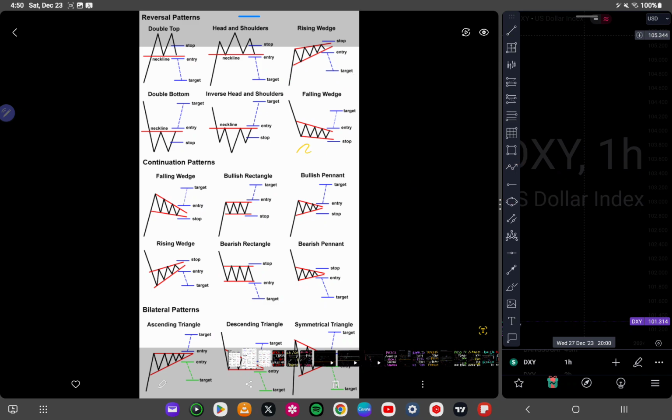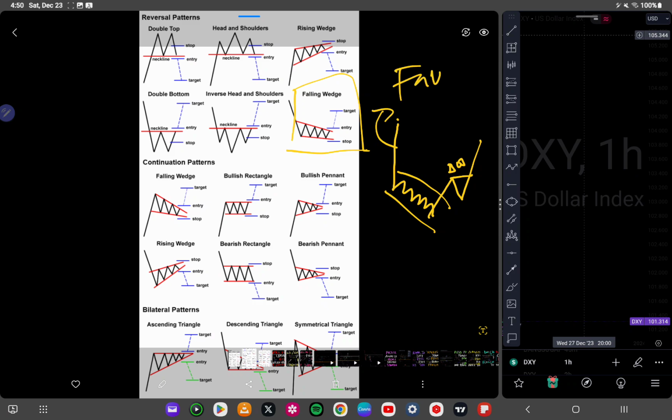Then we have another one right here called the falling wedge. The falling wedge is similar, the reverse of it. We are on a downtrend, and it gives us some sort of something like this. Then we come here and break structure right here. So this is the falling wedge.